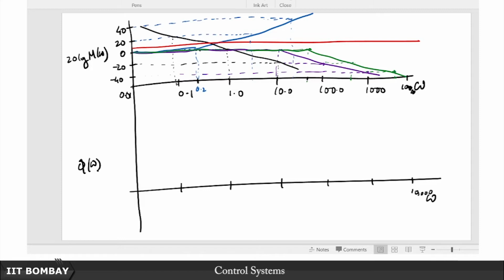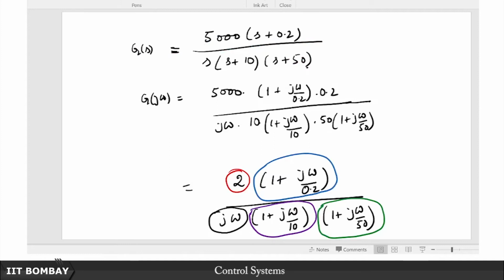It needs a bit of careful thought, but before that let me just try and sketch this one correctly. At low frequencies it is only this red fellow, which is basically this constant block, and the integrator that have some non-zero values. All the other first order factors, and even a second order factor, also have a low frequency asymptote of 0 dB.